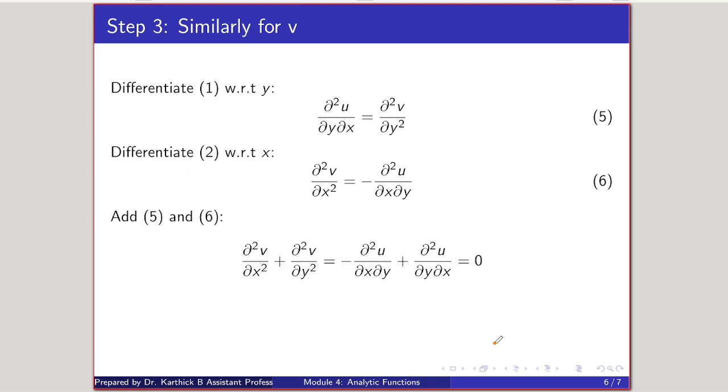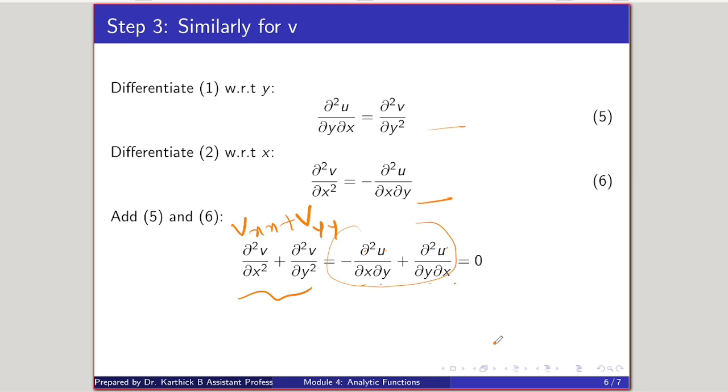If I add both equations 5 and 6, I will get this term. See, dou square u: here it is xy, here it is yx.